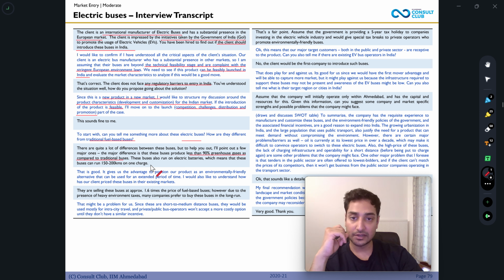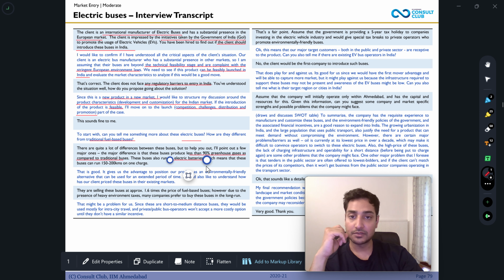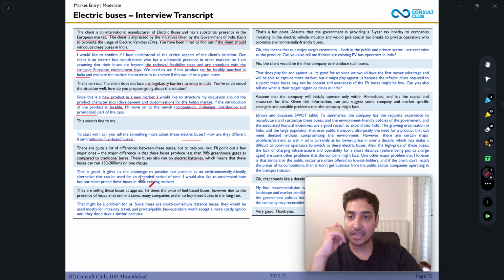These buses also run on electric batteries, which means that these buses can run 150 to 200 kilometers in one charge. That is good. It gives us the advantage to position our product as an environment friendly alternative that can be used for an extended period of time.